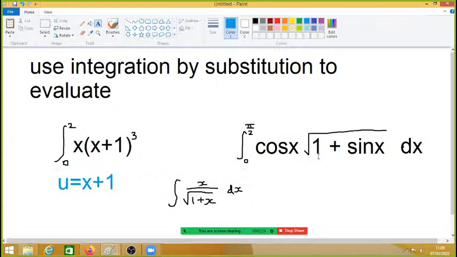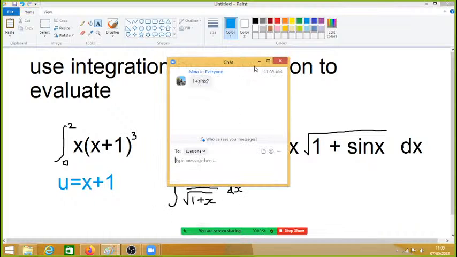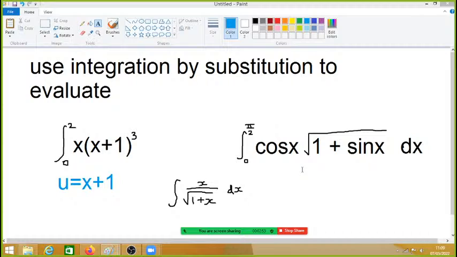See if you can guess what the substitution would be for the second one. Just type into the chat window. Good. So you're just looking for any of the trig bits. Yeah, good guess, and that's absolutely right.